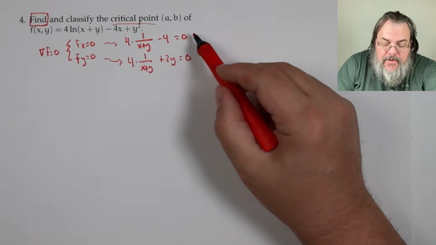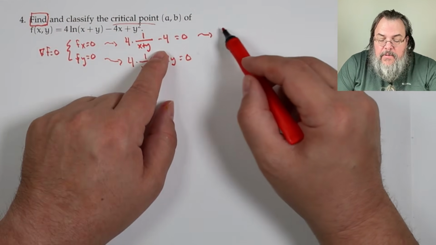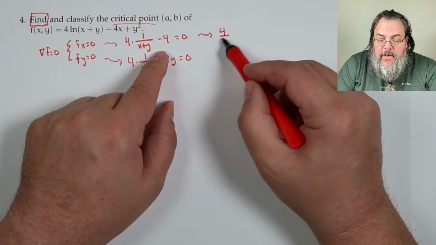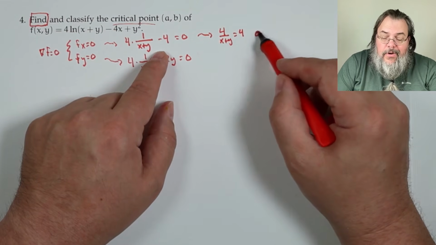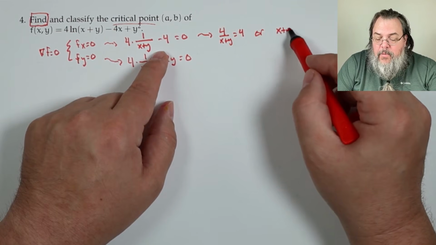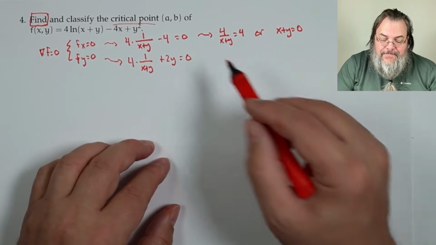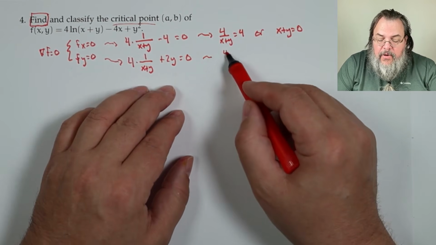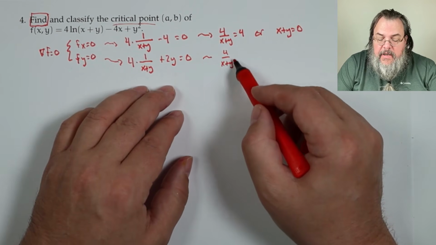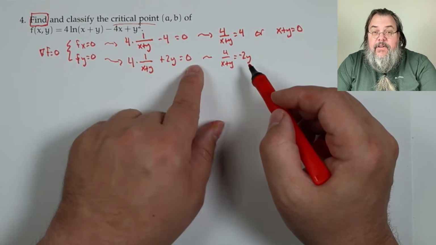Now, for the first equation, well, what can we do? This becomes 4 over x plus y equals 4, or really this becomes x plus y equals 0. All right, so that's a pretty easy equation. Here, this becomes 4 over x plus y is equal to minus 2y, because you can take the 2y across by subtracting.